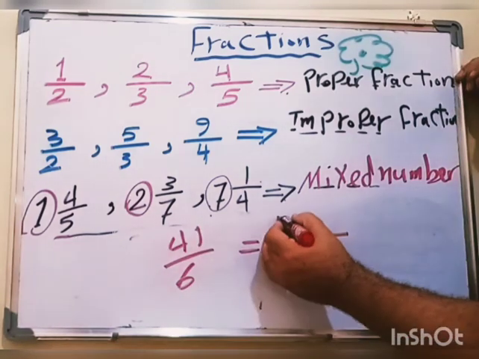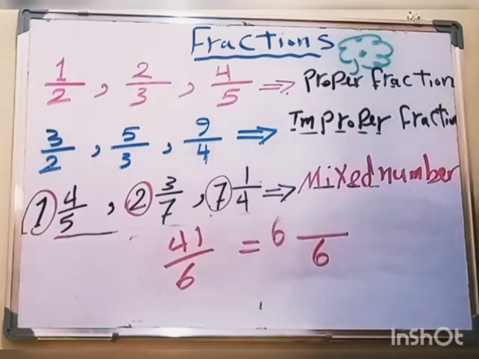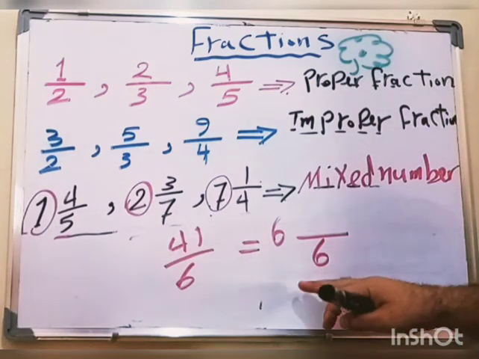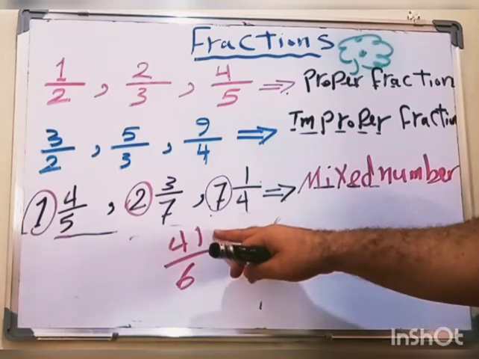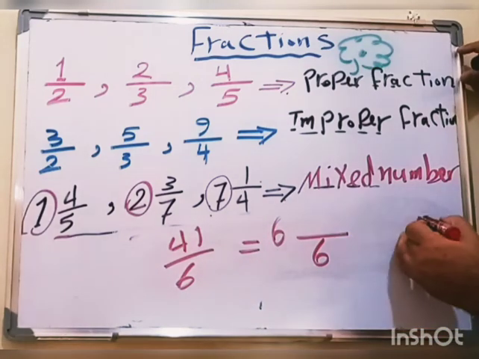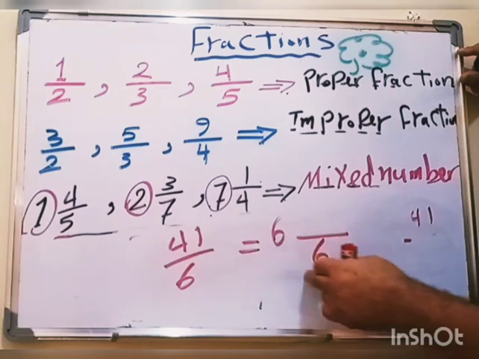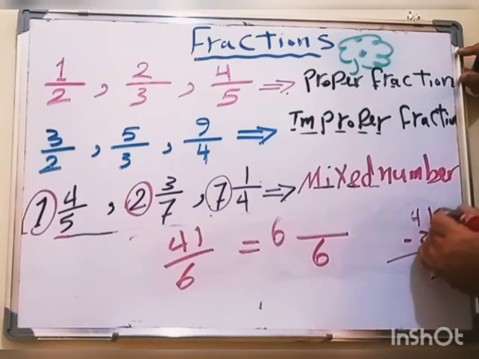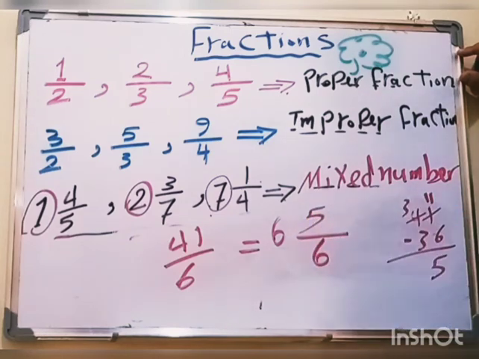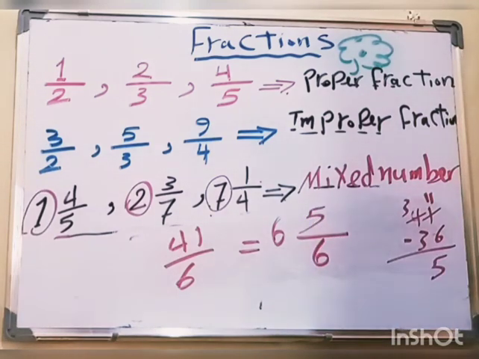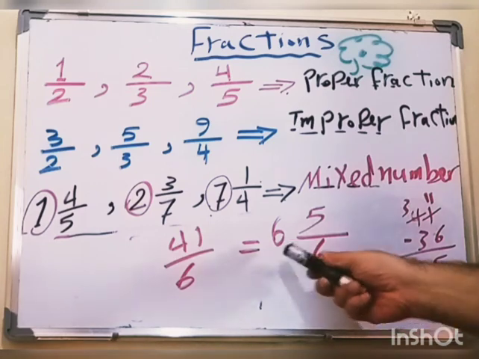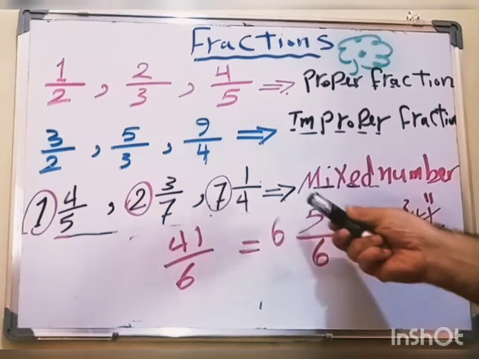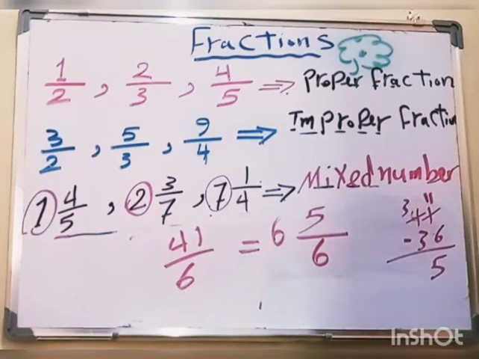Then 6 times 6, 36. This number is closest to 41. And subtract 41 minus 36. 11 minus 6, 5. Then the result will be here in the numerator, 5. Okay, check please. 6 times 6, 36. 36 plus 5, we get 41.